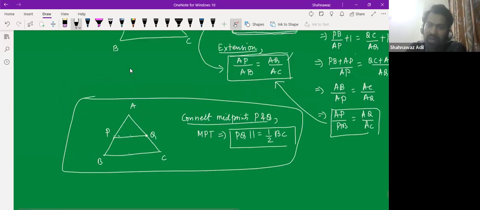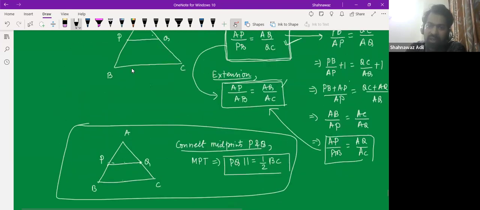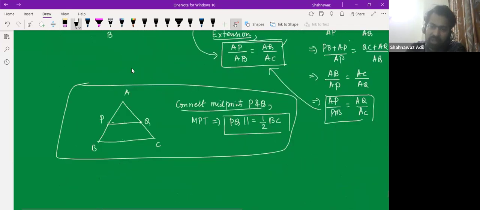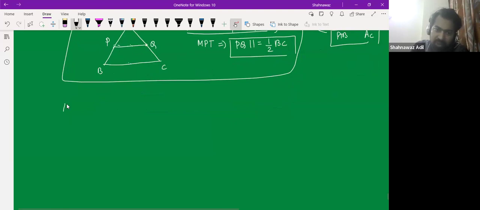Okay, and the converse of BPT was also there. That was the other theorem that we studied. And what was that?